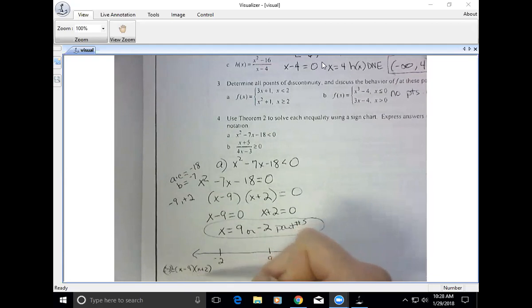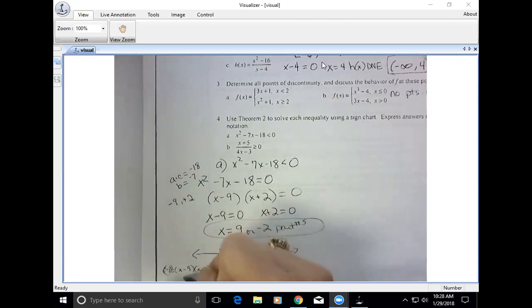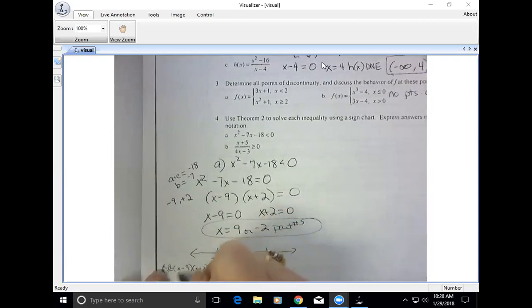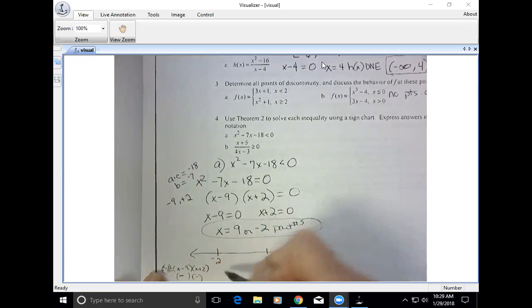And again, I don't care about the number. I just want to see what sign comes out. If I have -3 and I subtract 9, what sign do I have? That's a negative. And if I have -3 and I add 2, is that positive or negative? -3 plus 2 is negative, isn't it? And what is a negative times a negative? Positive.